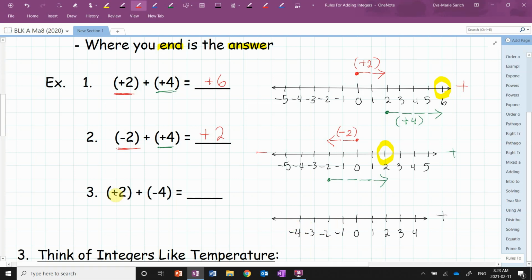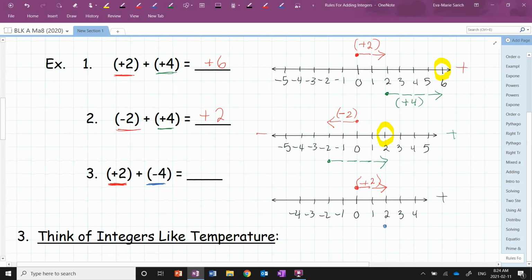So again, we start at the 0, and our first integer is positive 2. So that means we're going to go 1, 2 spaces in the positive direction. So that represents positive 2. And then we need to move from there to negative 4. So I put my tail where my head was at positive 2, and I'm going to go in the negative direction.